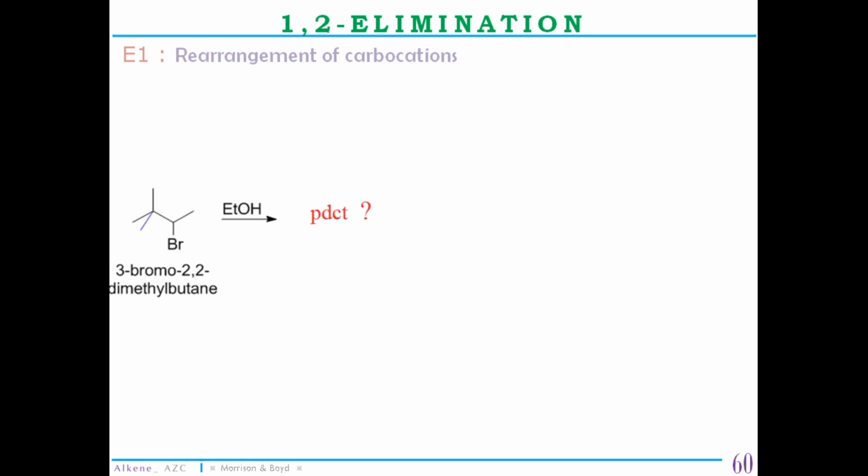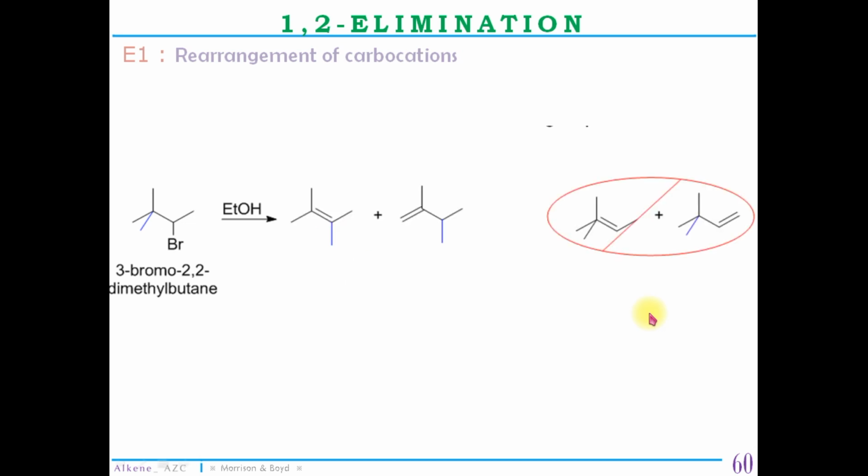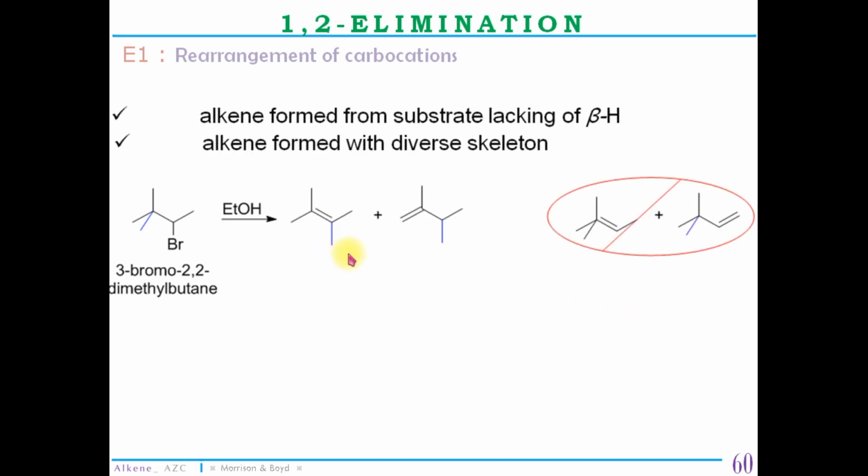Second example, where 2-bromo-2,2-dimethylbutane is reacted with ethanol. What will be the product? Here also there is diversion of product, where alkene is generated from a substrate lacking beta hydrogen, and the alkene is formed with a diverse skeleton.